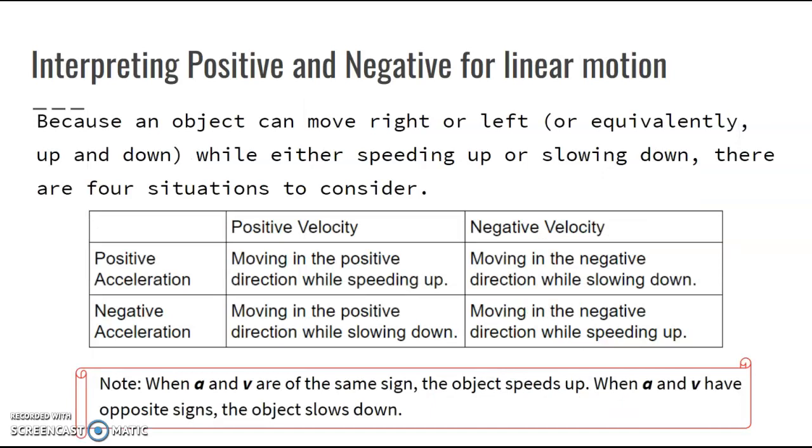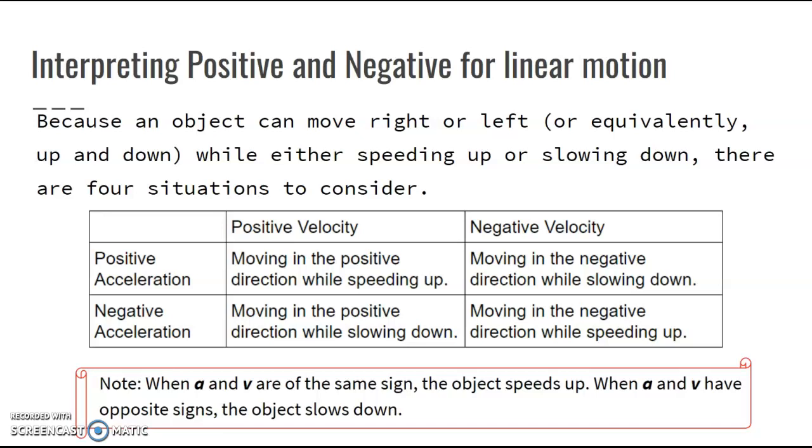Where this becomes useful is in thinking of situations where we have positive acceleration and positive velocity, or negative and negative. We can have four different situations here. Let's suppose we have an object with a positive acceleration and positive velocity.